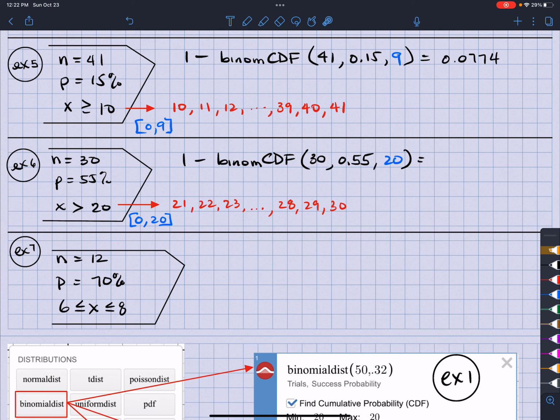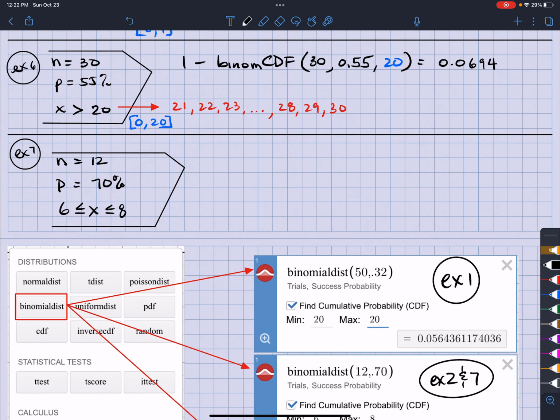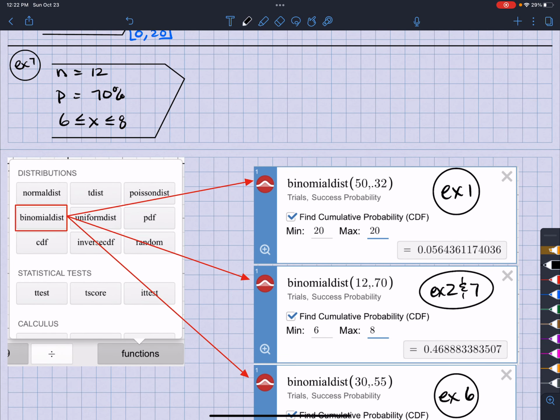So if I know this percentage, subtract it from 1 would give me that percentage. So that should give me 0.0694.